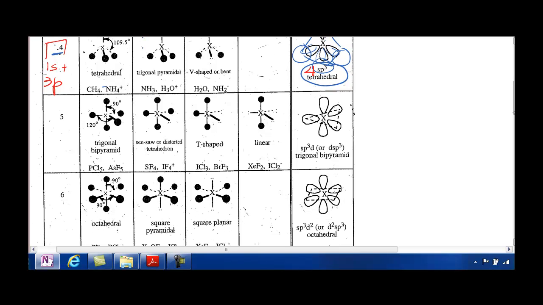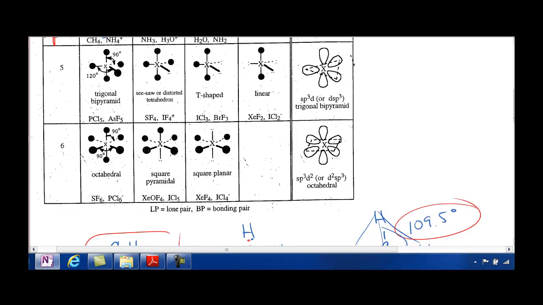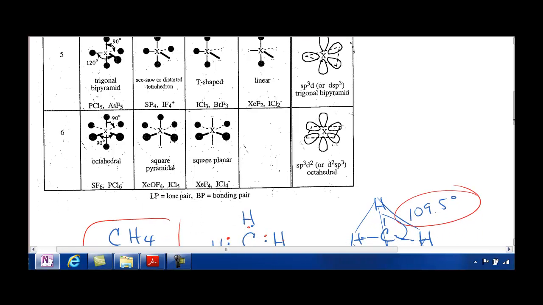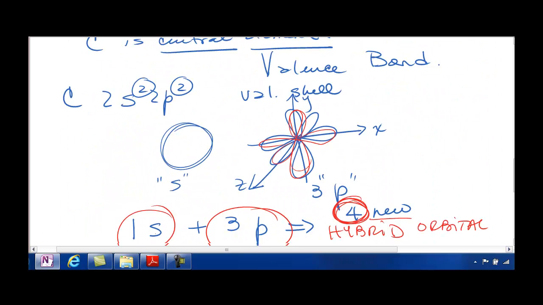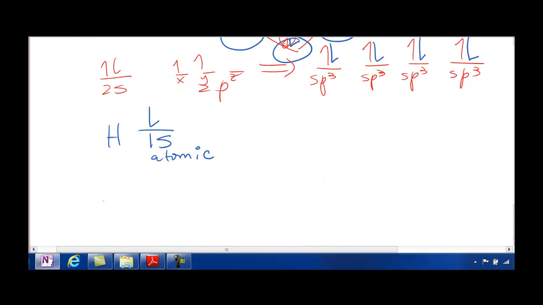What would happen if I have a compound like PH5? How do I explain the bonding for PH5? What's the valence bond rendition? Okay, so again, I start with my electronic configuration for the elements comprising this compound, and phosphorus is what?